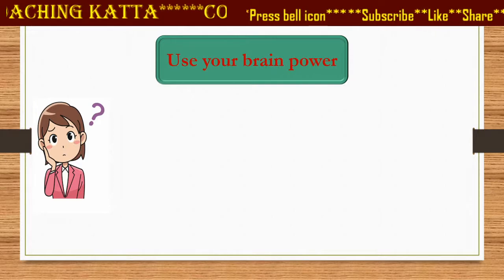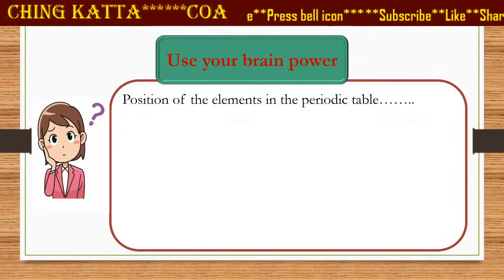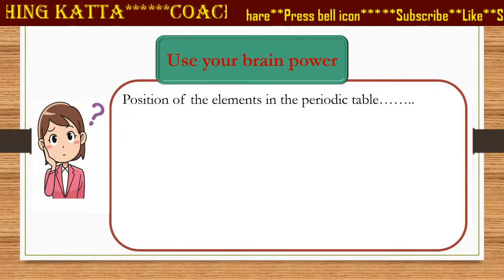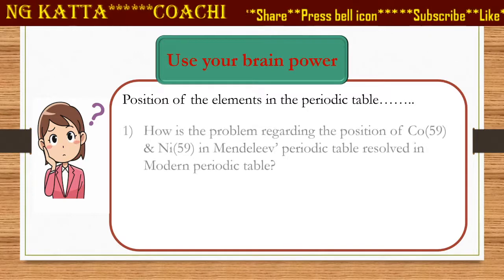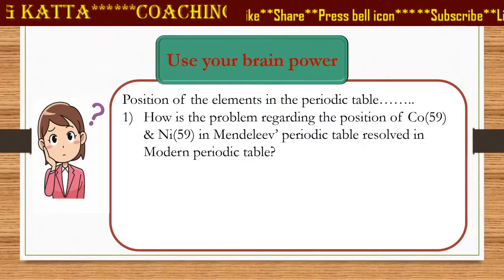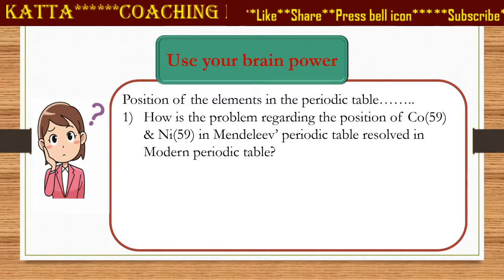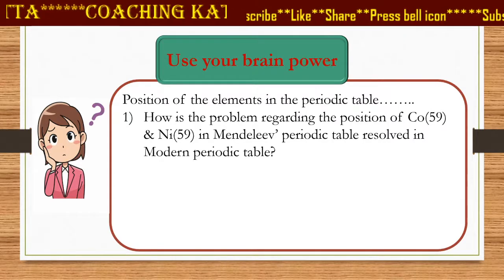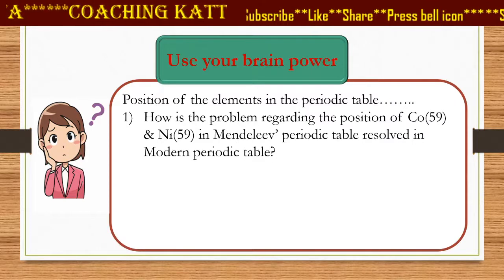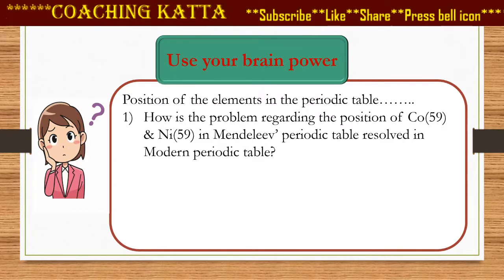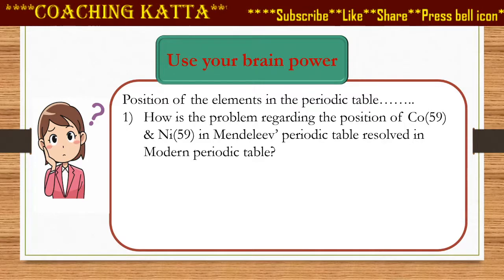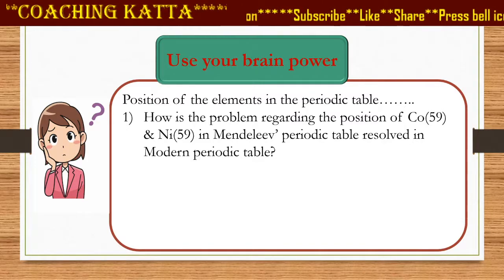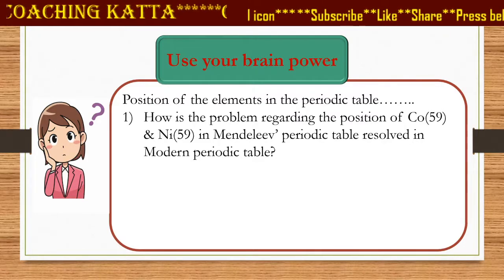Now, use your brain power. Position of elements in the modern periodic table. How is the problem regarding the position of cobalt, atomic mass number 59, and nickel, atomic mass number 59, in Mendeleev's periodic table resolved in the modern periodic table?